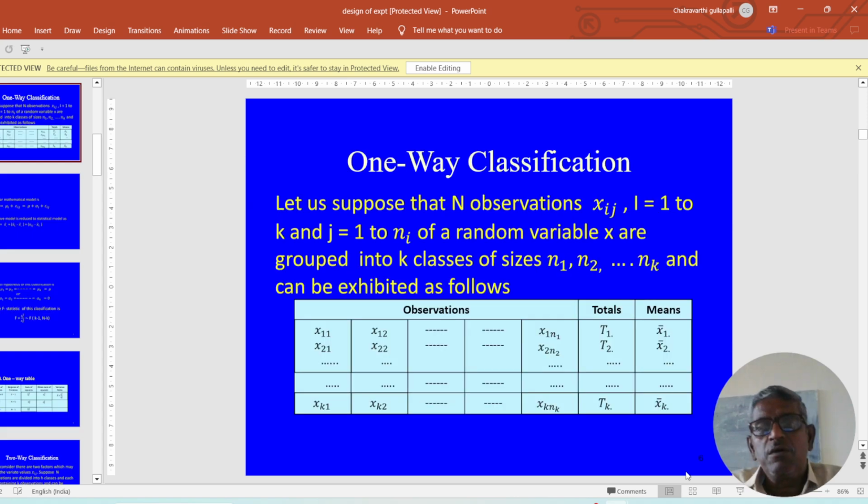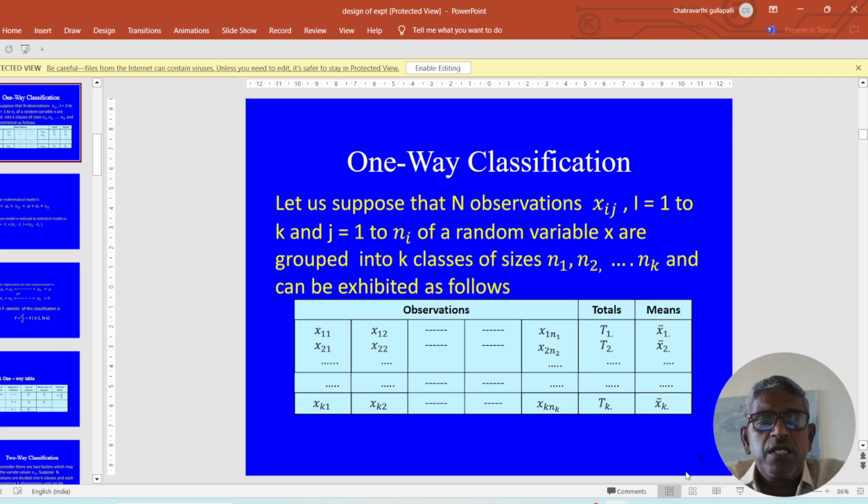Now, coming to one-way classification. In general, the one-way classification will be like this: x11, x12, and so on up to x1n1, x21, x22, and so on up to x2n2. In this, the first suffix represents the treatment, so the different assignable factors we are going to study are represented by the first suffix, and the second suffix represents the number of observations exposed to that treatment.